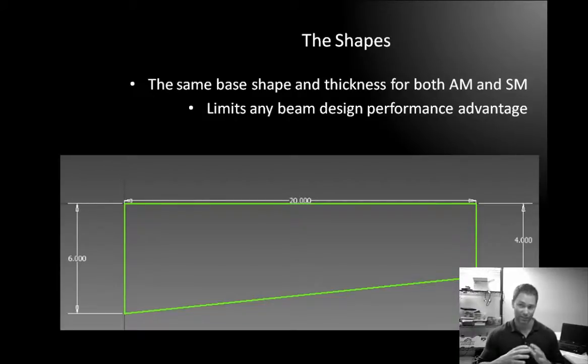It's a shape that lends itself well to cantilever beam design, so it has the advantage in terms of shape to begin with on conventional and additive applications. For quick terminology, we're just going to refer to additive as additive or AM, and conventional or subtractive as SM.